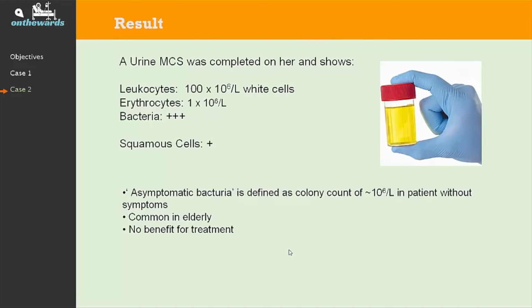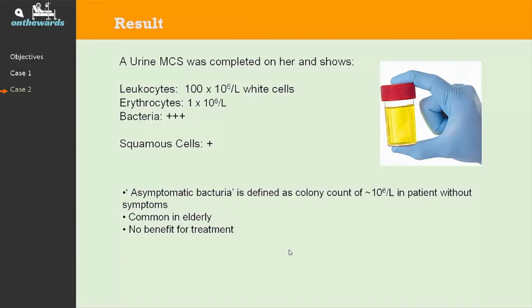So it occurs frequently, and there's no benefit for treating this. So a diagnosis of a urinary tract infection in this age group should be based on the clinical signs and symptoms in conjunction with culture results, rather than just the dipstick alone or just the culture alone.